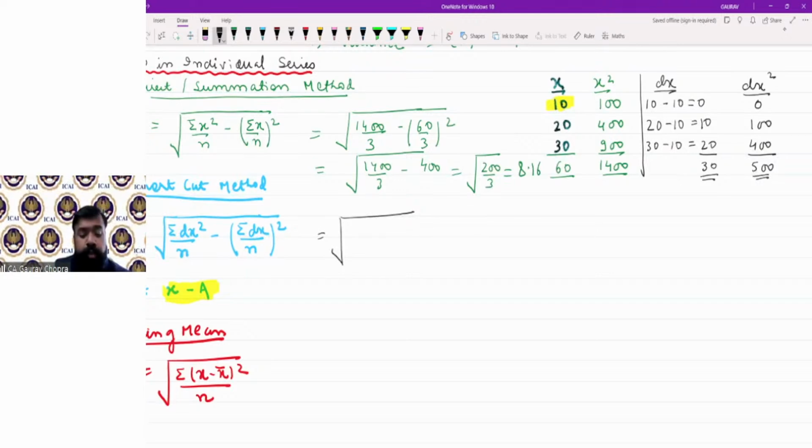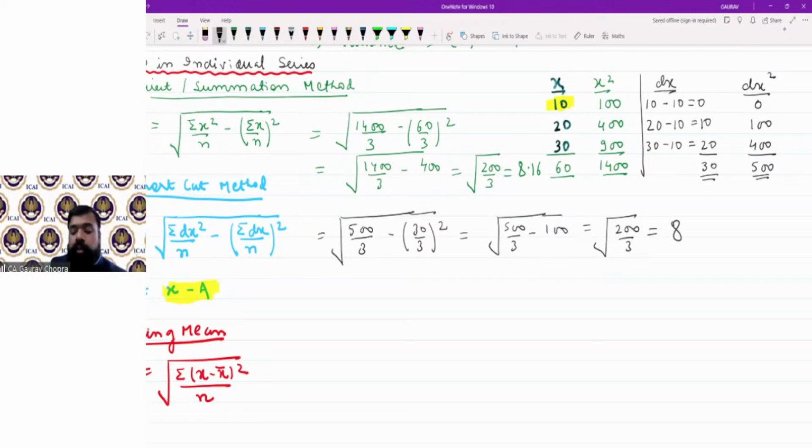Now applying the figures, 500 upon n, n is 3, minus sigma dx is 30 upon 3 whole square. Now let's simplify this. We get 500 upon 3 minus 10 square, which is 100. After taking LCM, we get 200 by 3. So again the same answer, 8.16.